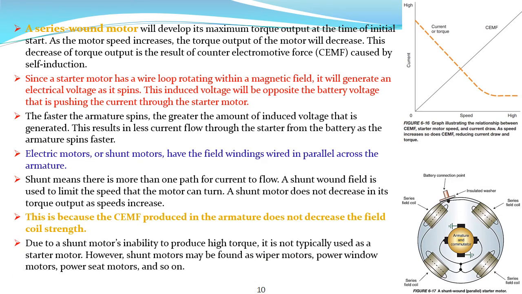Due to shunt motors' inability to produce high torque, they are not typically used as starter motors. Here he explains why it is not used in practice as a starter motor: its inability to generate high torque.